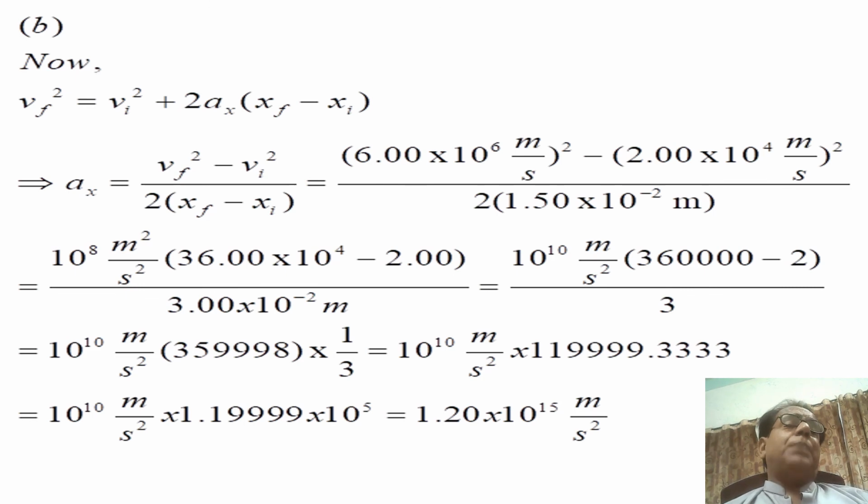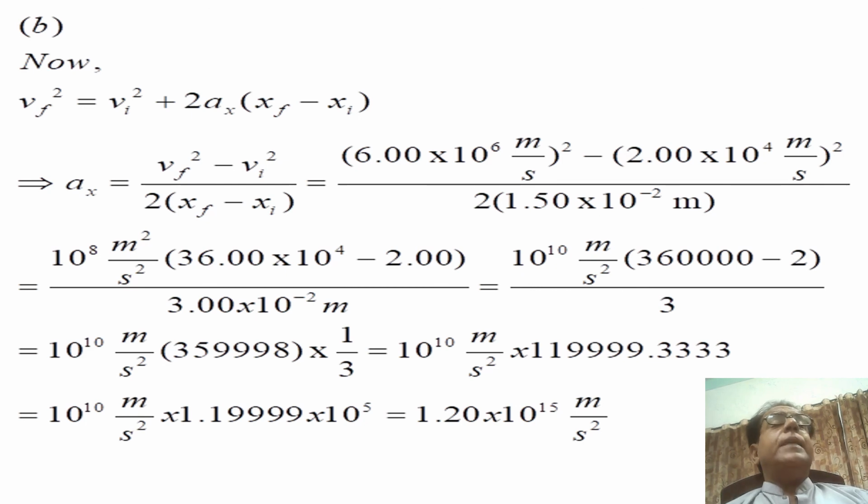In the next step, this alternatively becomes equal to 10^10 meter per second squared into 359,998 into 1 by 3. What we have done, we have just subtracted 2 from 360,000.